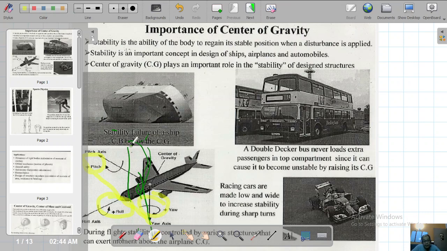You can see that it has various types of controls. Over here there are the rudders acting, then these are the stabilizers, and here you can see the ailerons. The different systems work on these roll, pitch, and yaw axes.